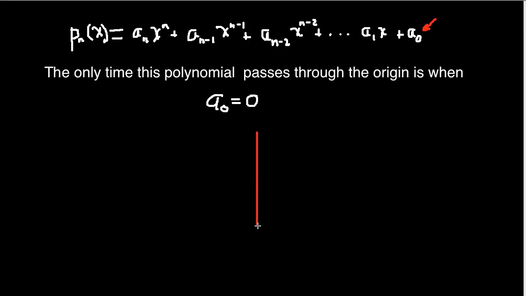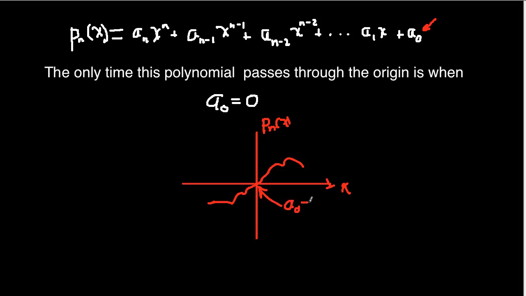So if we're looking at a plot of the function, here's the x-axis, and we're plotting p sub n on this axis, sometimes referred to as the y-axis. The only time we get that this plot is going to go through the origin is when a sub n, or I'm sorry, a sub 0 is equal to 0.